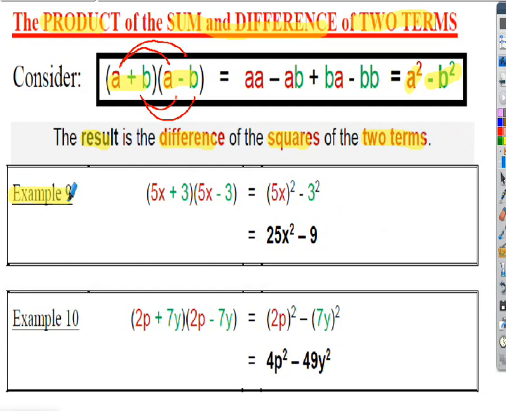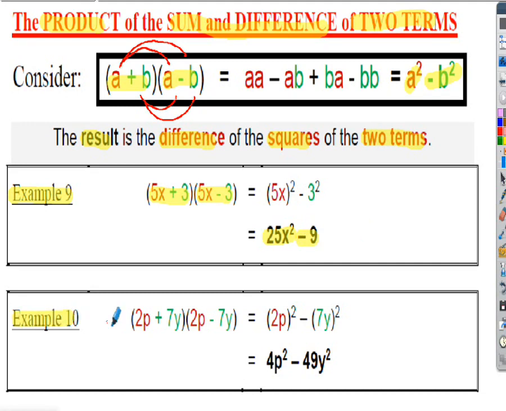So in example 9, we're given 5x plus 3 multiplied by 5x minus 3. So our solution will be 25x squared, that's the 5x squared, and we're subtracting from that the 3 multiplied by 3.